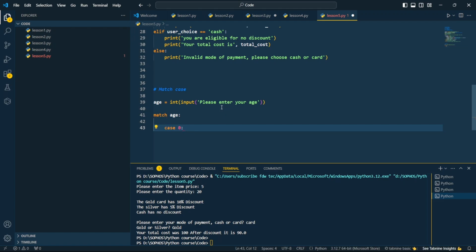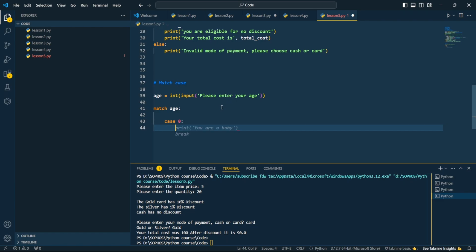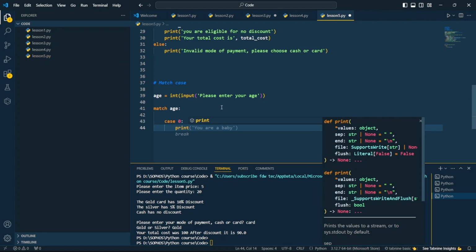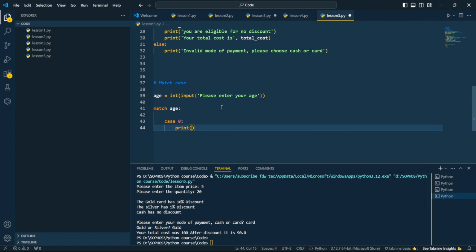Now here I do not need to write if age is equal to 0, then do, no. I have said match age, so now it would match age with 0. If age is 0, for example, then print you are not even born, maybe.